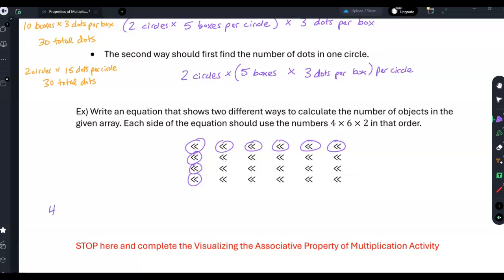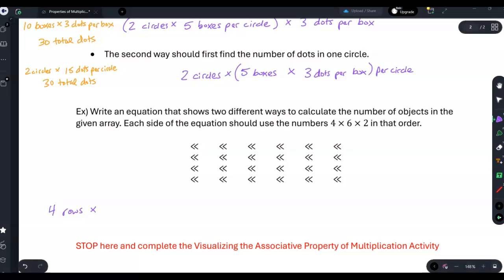So I could say, okay, I've got 4 rows times, instead of saying objects per row, I'm going to say groups per row, because technically each one of these is an object. So really what I'm doing right now is groups. I can see I have 1, 2, 3, 4, 5, 6 groups per row.